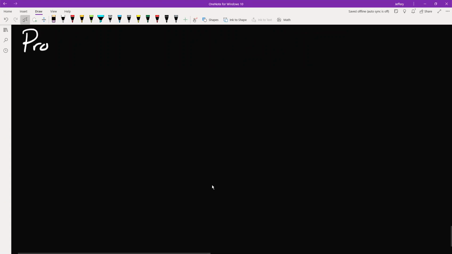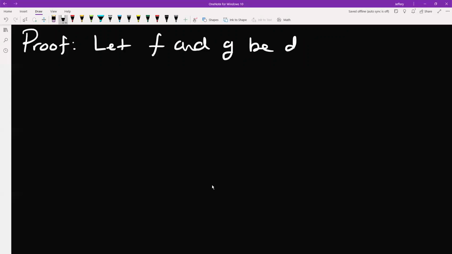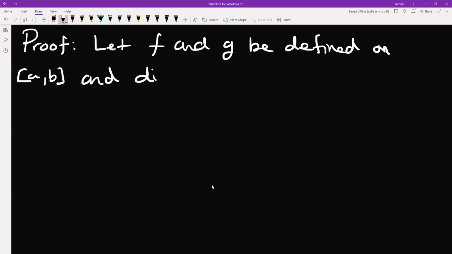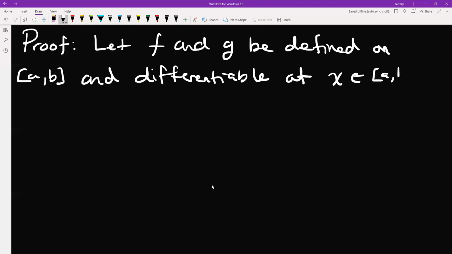So we need to say: let f and g be defined on this interval from a to b, and let them both be differentiable at some x in [a, b]. Anything else? No.